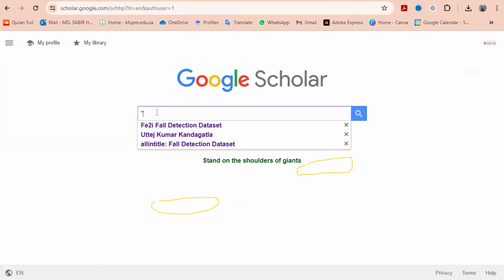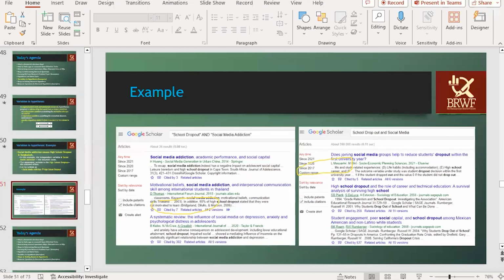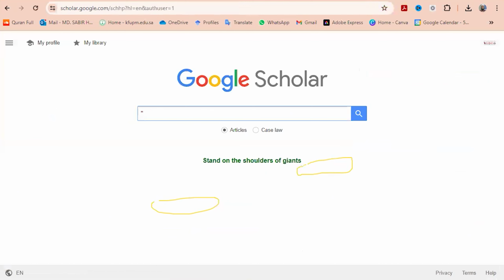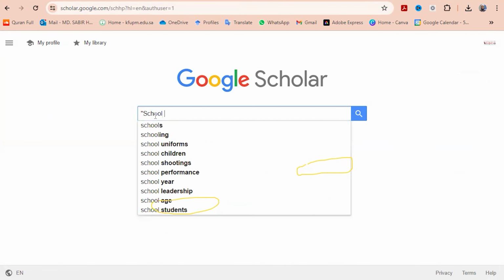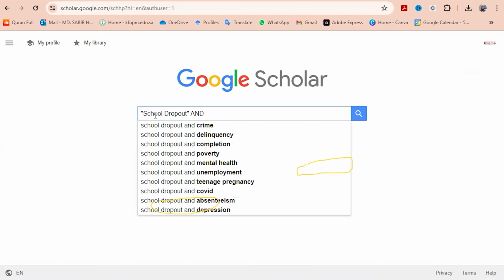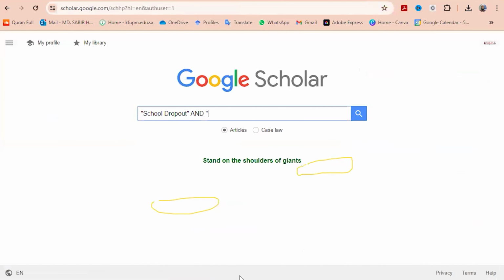So school dropout and social media addiction. If you search using the logical operator, I have shown you the logical side; it is very efficient.